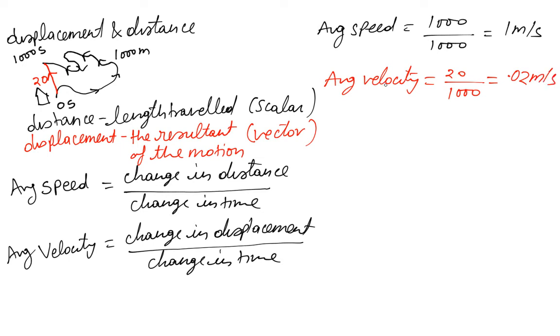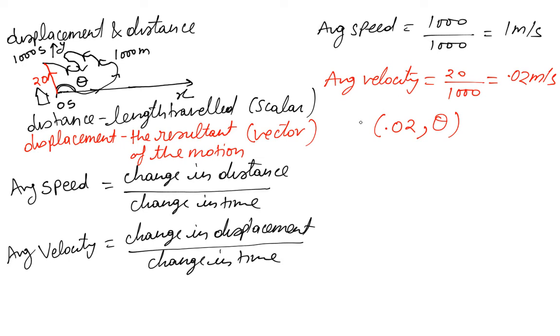But there's a small difference: because displacement is a vector, average velocity is also a vector. So in principle you should write this average velocity as 0.02, theta. What is theta here? To understand theta, we have to refer to the last class. Theta is the angle this displacement makes with the x-axis, and that's how we have defined our x-axis, and this is our y-axis. So this is how we define average velocity.